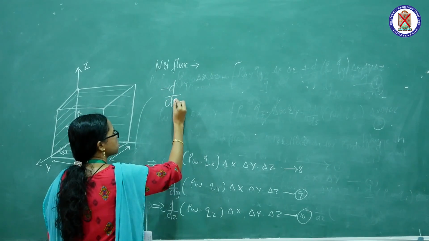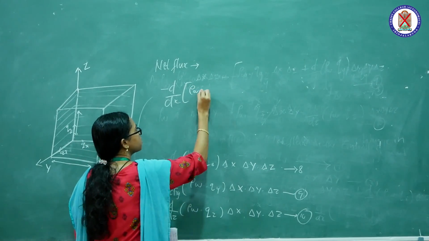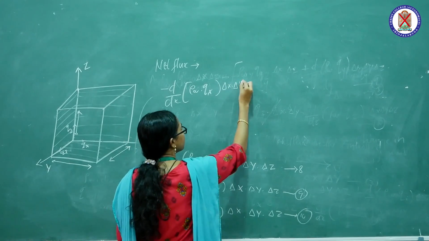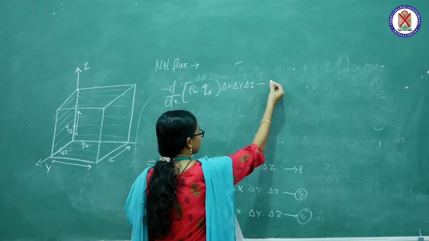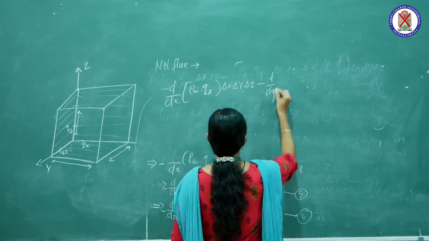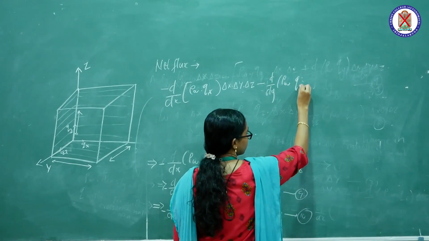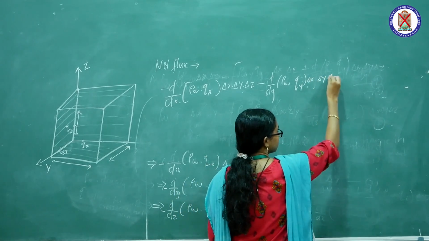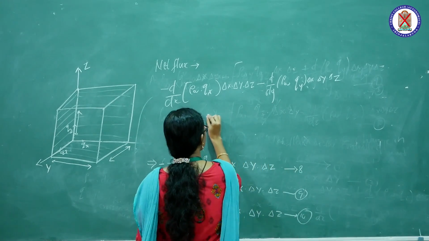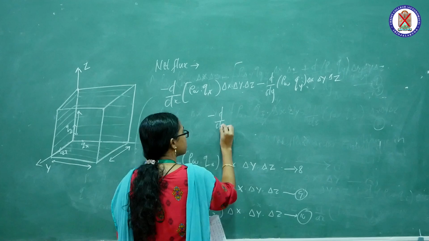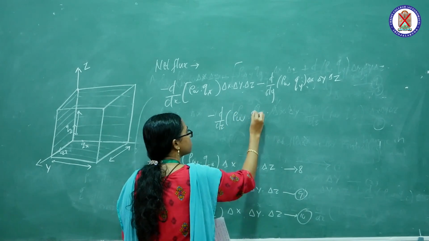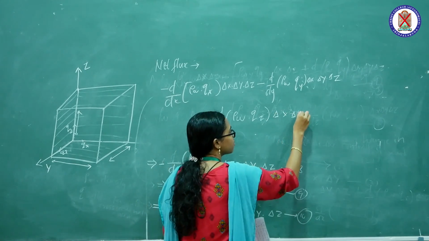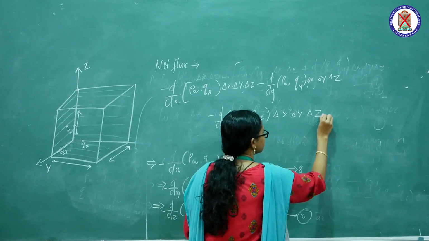So the equation will be minus d by dx of rho w into qx into delta x into delta y into delta z, minus d by dy of rho w into qy into delta x into delta y into delta z, minus d by dz of rho w into qz into delta x into delta y into delta z.